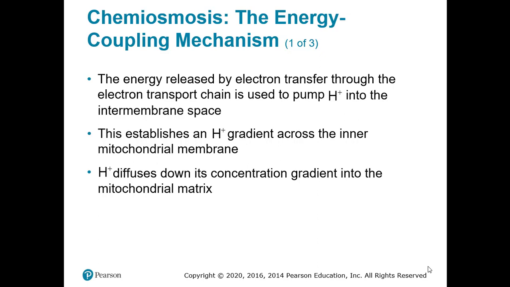The hydrogens are ions, so you have the chemical concentration of hydrogen, plus the electrical charge. As that hydrogen diffuses across its gradient back into the mitochondria, it helps cause the rotation of the ATP synthase enzyme.